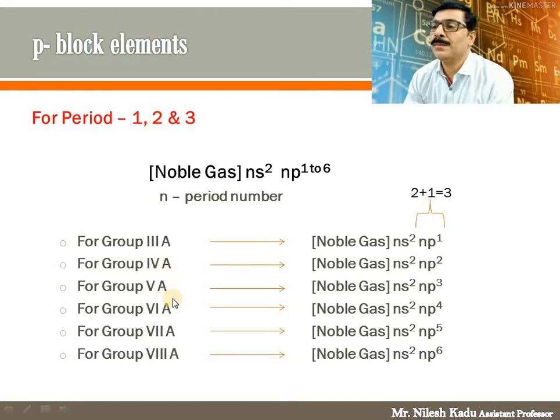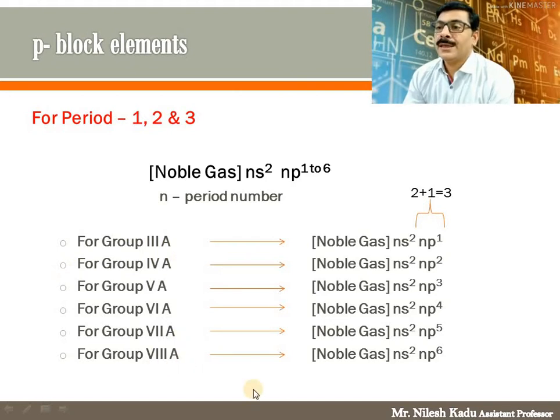Then for fifth A, again noble gas ns2 np3, and here 2 plus 3 means 5, that is fifth A. Then for sixth A it is ns2 np4, for seventh A it is ns2 np5, and for eighth A it is ns2 np6. In this way you can write the valence shell electronic configuration for group 3rd A to 8th A.